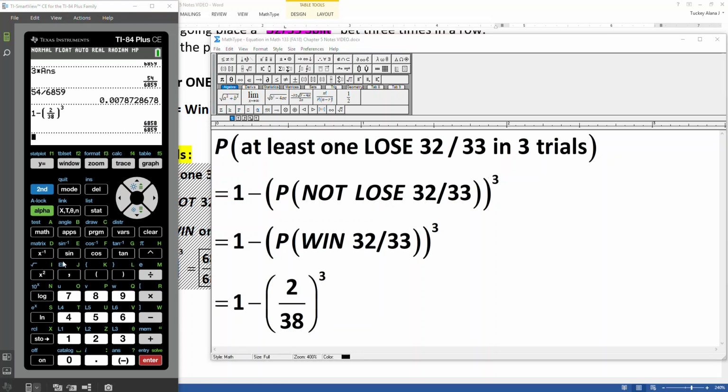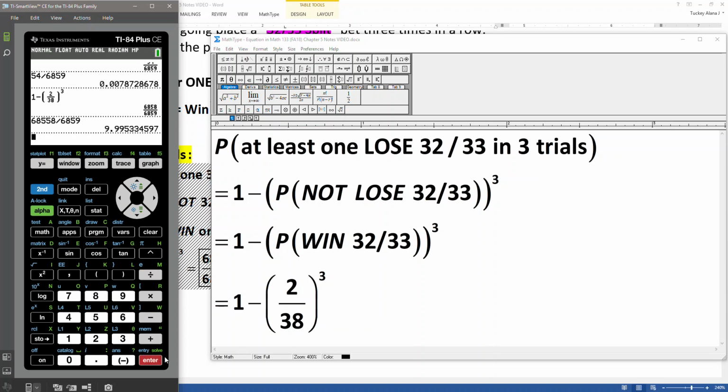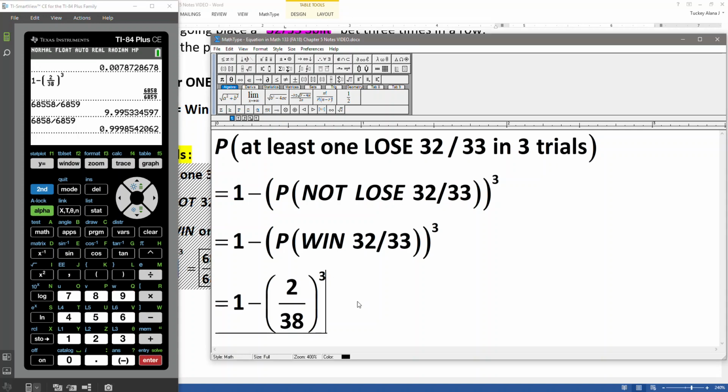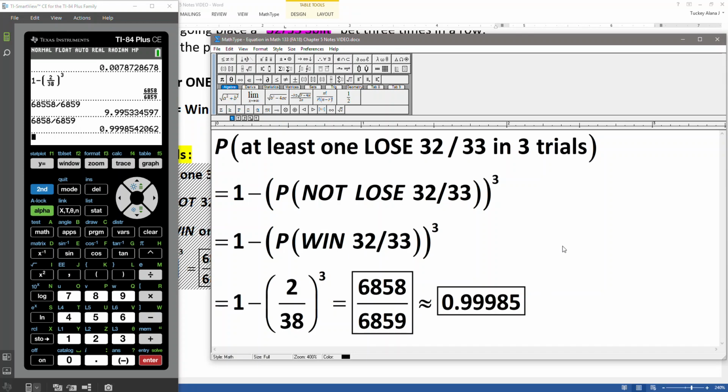Which if I find a decimal for that, 6858 divided by 6859. Oops, too many 8s. 6858, sorry. 6858 divided by 6859. There, 0.9985. And there we have it. 0.9985, excuse me.